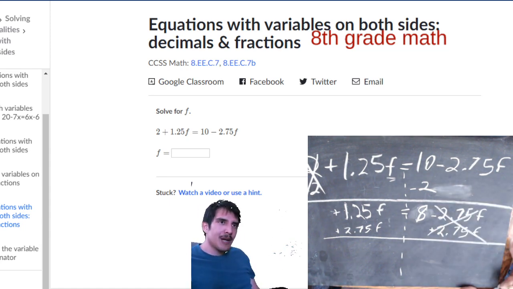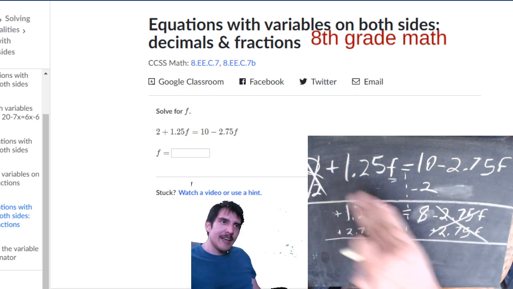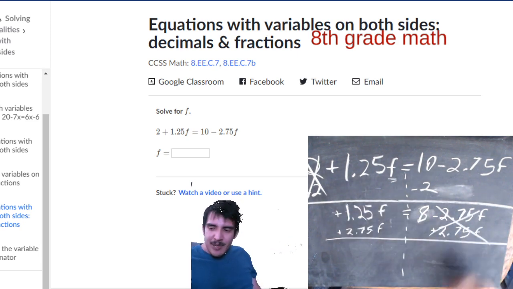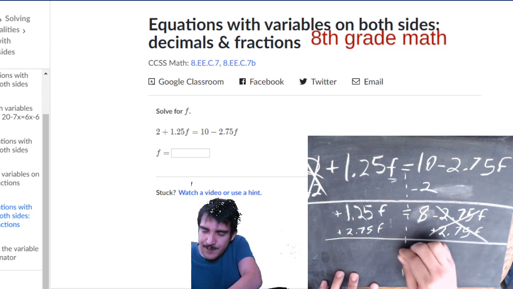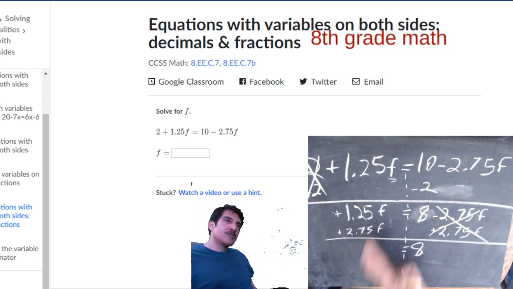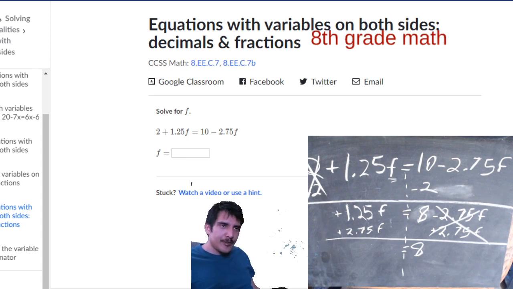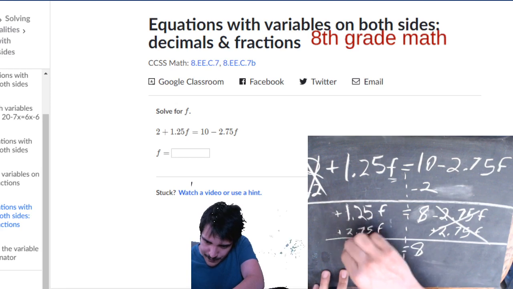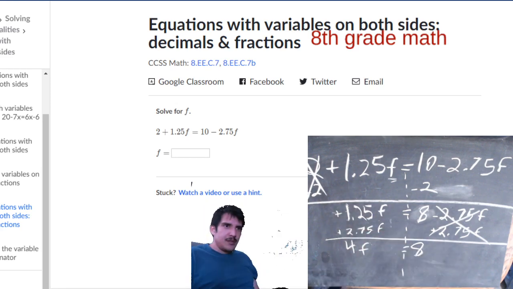In fact, every single problem that we've done, we do that quite often, don't we? Bring down everything that needs to be brought down. So 8 just gets brought down by itself. 1.25 f plus 2.75 f, we'll just pretend it's money. If you add those, you get 4f. 4 times f equals 8.